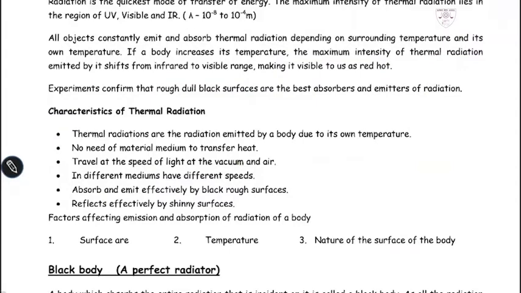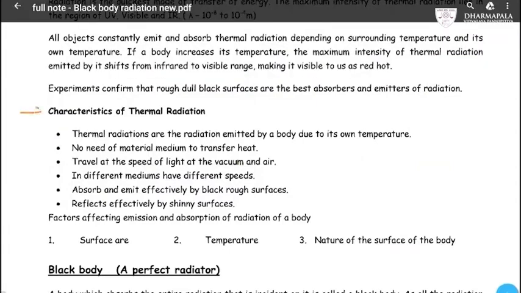The first characteristic, those are the same characteristics that we have already discussed for electromagnetic waves. All these are electromagnetic waves, they have the same properties. Thermal radiation is the radiation emitted by a body due to its own temperature. Then, no need of material medium to transfer heat.